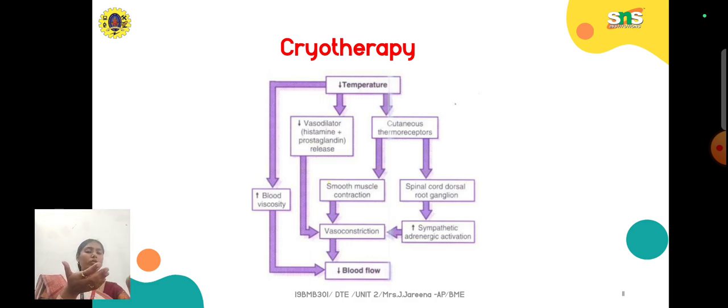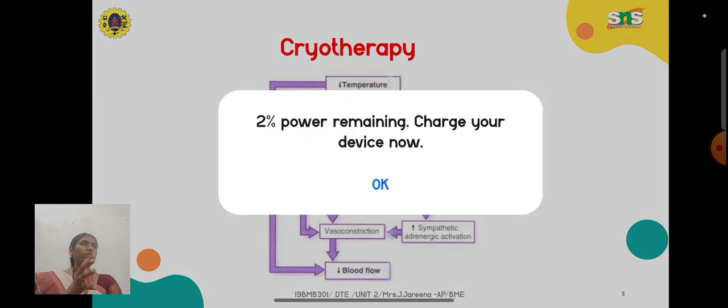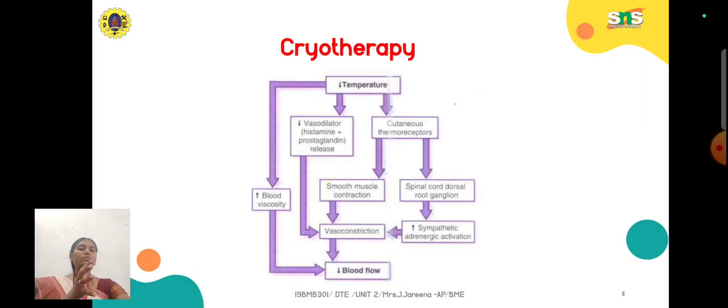These are the reasons. On giving cold temperature, we initiate vasoconstriction, thereby reducing the blood flow. That is our ultimate aim, and we pursue it through all these mechanisms. This is what happens during the cryotherapy process. In the next class we will discuss the different types of cryotherapies.